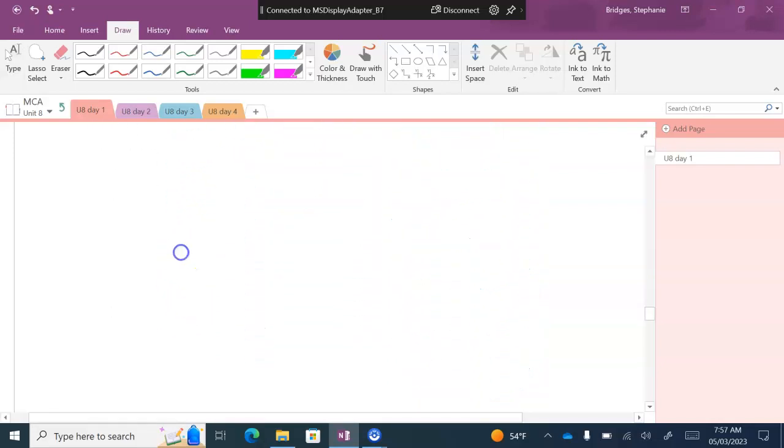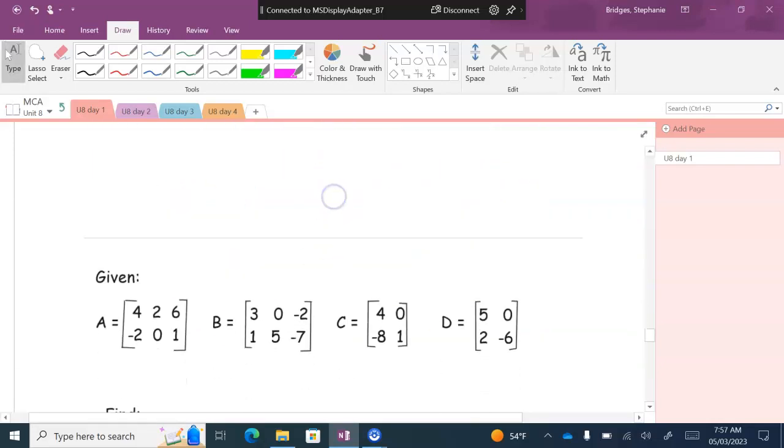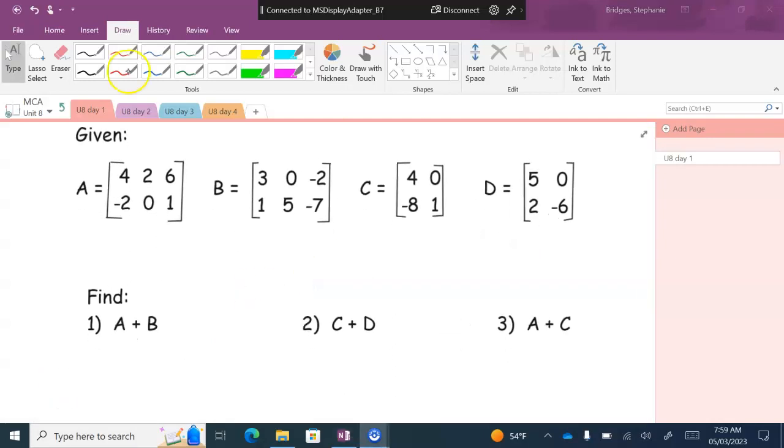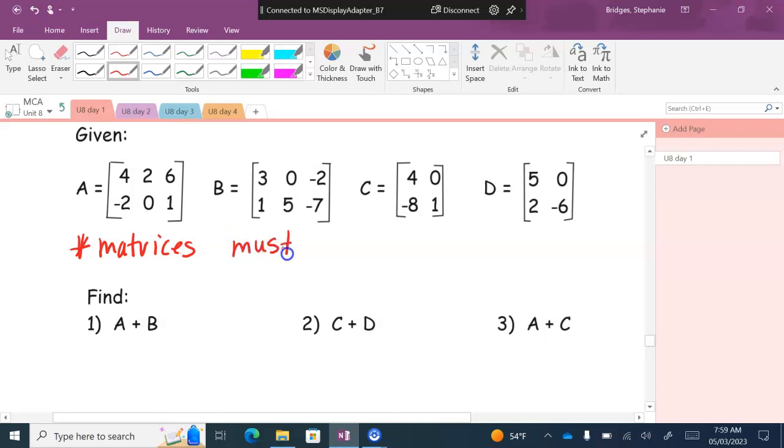Alrighty. Now I think I'm ready to add. Yes. All right. So first of all, take a minute and write down all 4 of those. Matrices, that's plural for matrix, must be the same size to add or subtract.